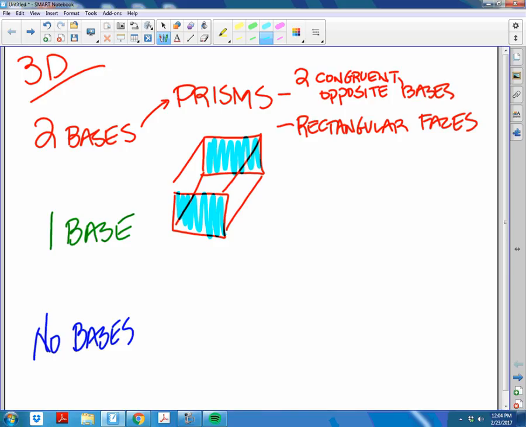A vertex is a corner. A vertex is where edges meet. What's an edge? It's where faces or bases meet. So this is considered an edge. This is considered a vertex because it's where the edges meet.